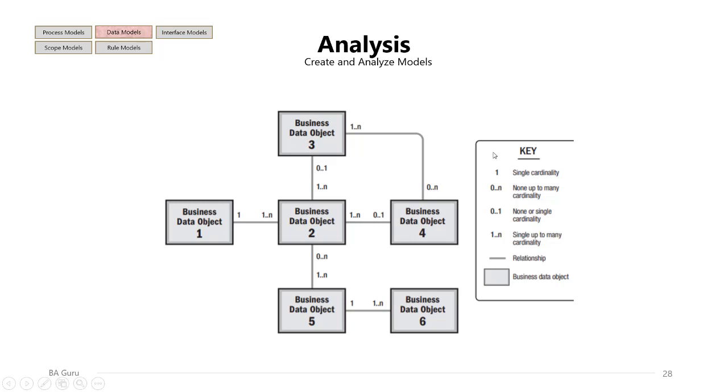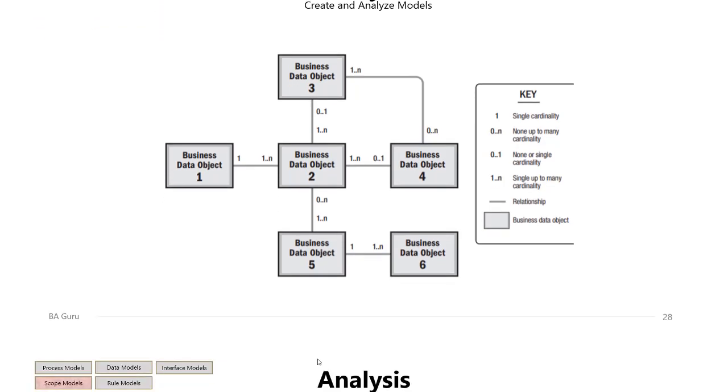So if there is the number 1, like in this case, it means that there is only 1 cardinality, and if there is 0 to n, none up to many cardinality relationships, 0 to 1, none or single cardinality, and 1 to n means single up to many cardinality. This line represents the relationship between different business data objects.